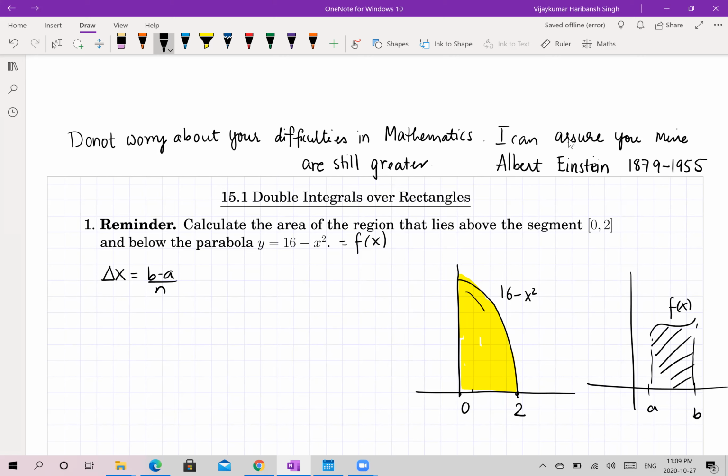So you divide this into small rectangles by first dividing 0, 2 into small line segments, and between here you choose any point. So this will be x1 star, then you choose x2 star, and so on. If this is x2 star, you make f of x2 star the height approximation over this rectangle.